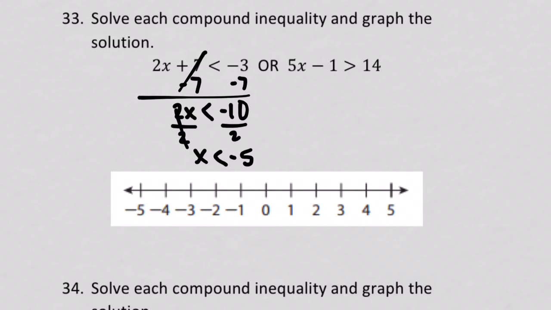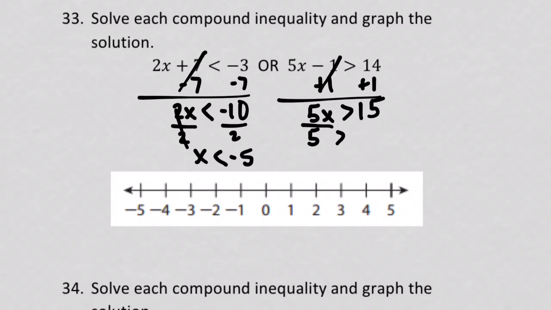The other one, I'm going to add 1. I'm going to get 5x is greater than 15. And then I'm going to divide by 5. That cancels, so x is greater than 3.